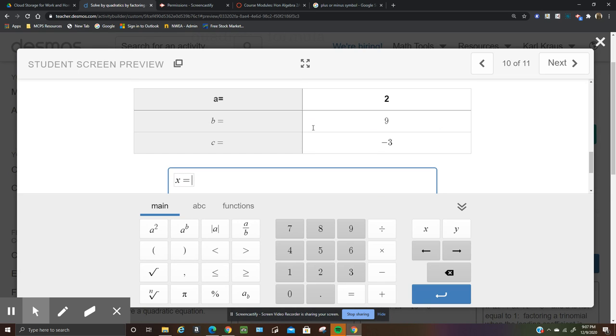So the opposite of b would be negative 9, and then the square root. b squared is 81, minus 4 times 2 times negative 3, and then divided by 2 times a, which is 4.